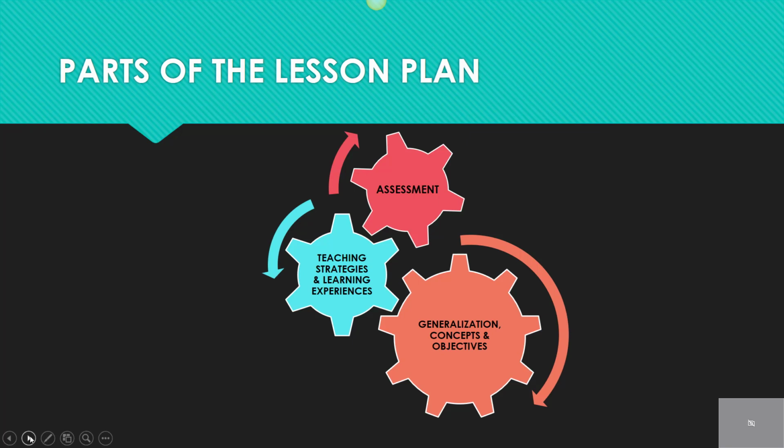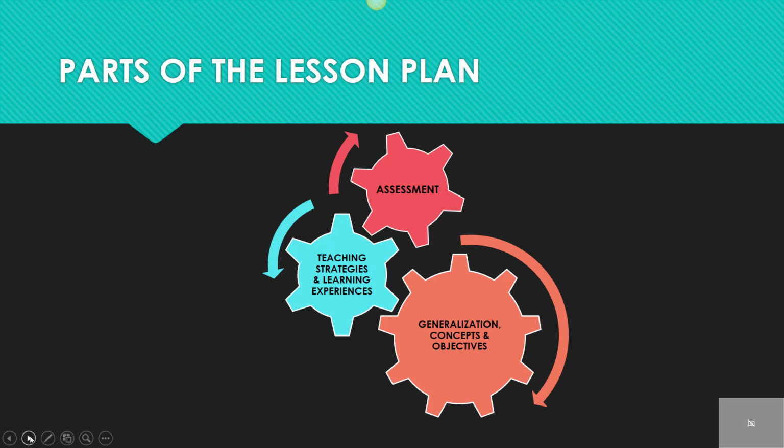Your generalization, concepts, and objectives provide a purpose and direction for the lesson, and that drives you to select teaching strategies and learning experiences that match the objectives and help the students to come away with a main idea or the generalization.